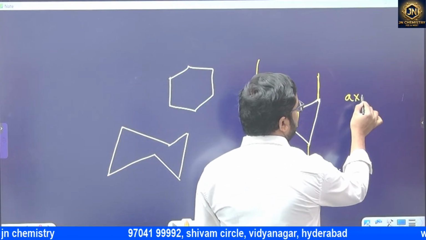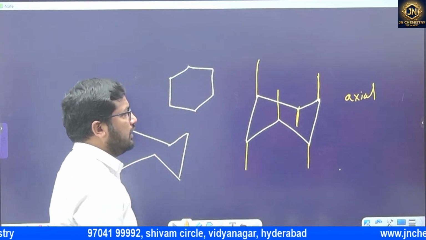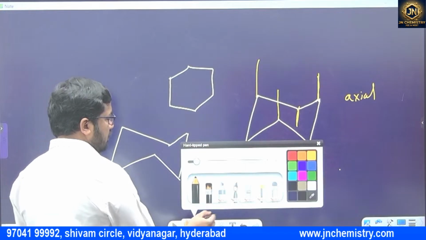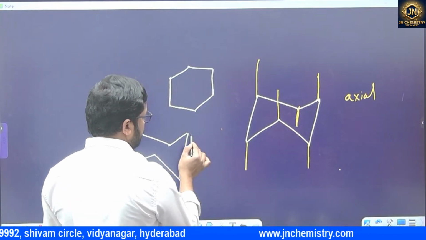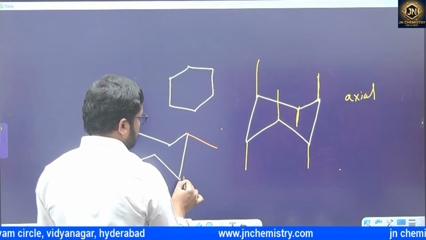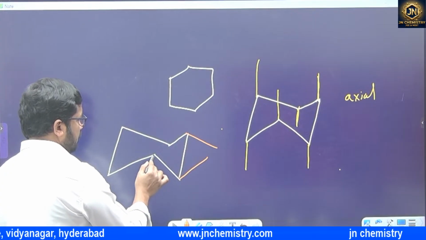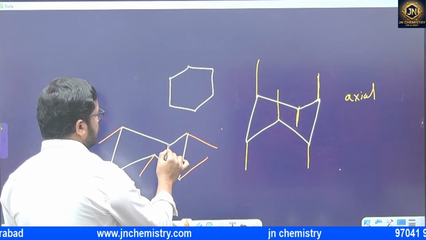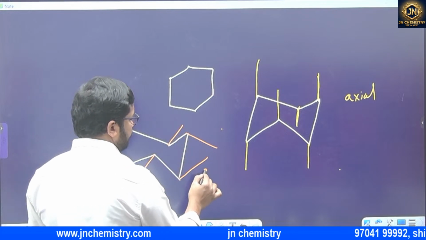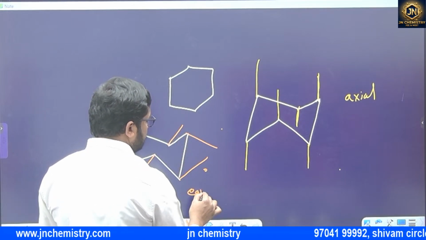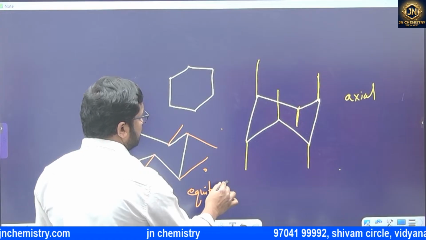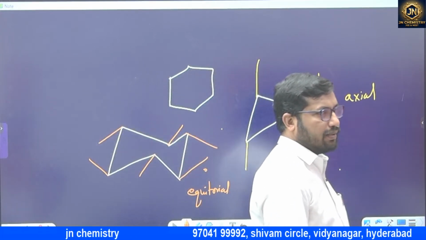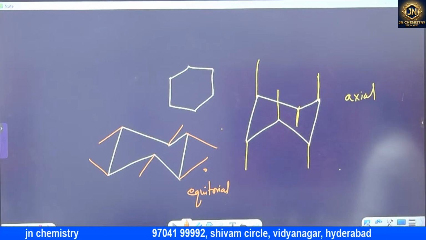And these are all equatorial. Write it down. Axial and equatorial. Draw the structure.